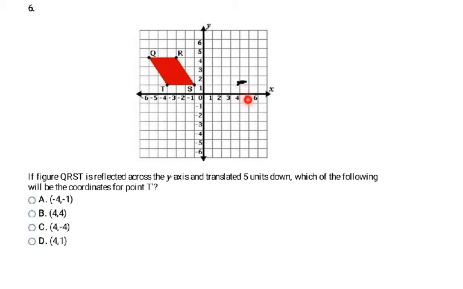So if I count down 5, 1, 2, 3, 4, 5, that's going to put my new T right here. And so the coordinates there is 4, -4, which is answer C.